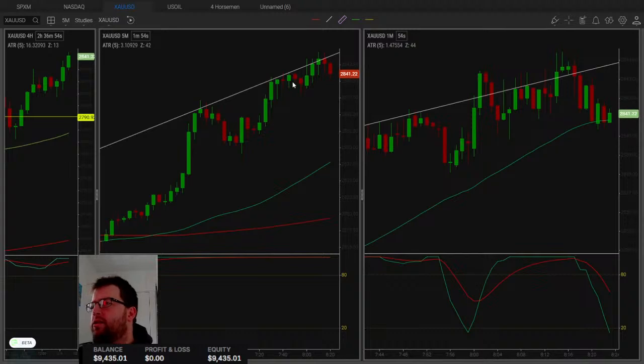Okay, breaking under our 20 level on our 1 minute chart. Could look at going for another long position here.